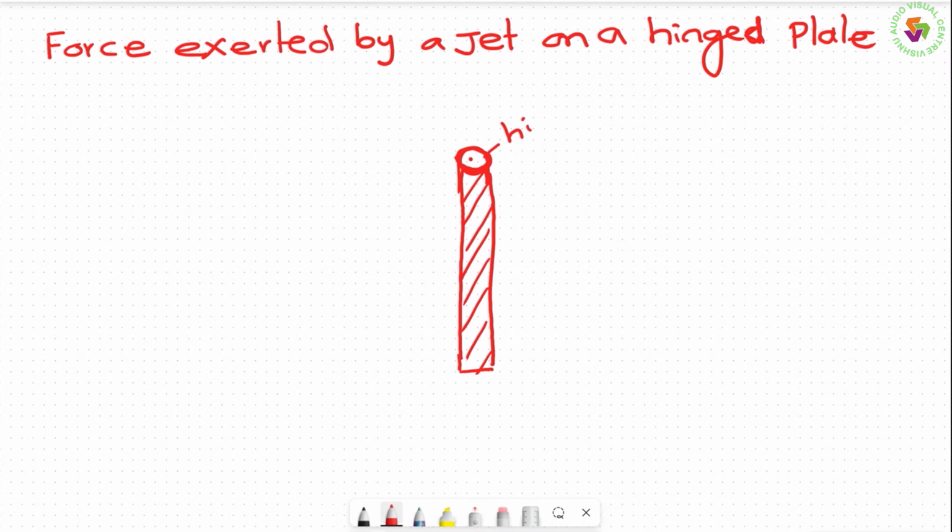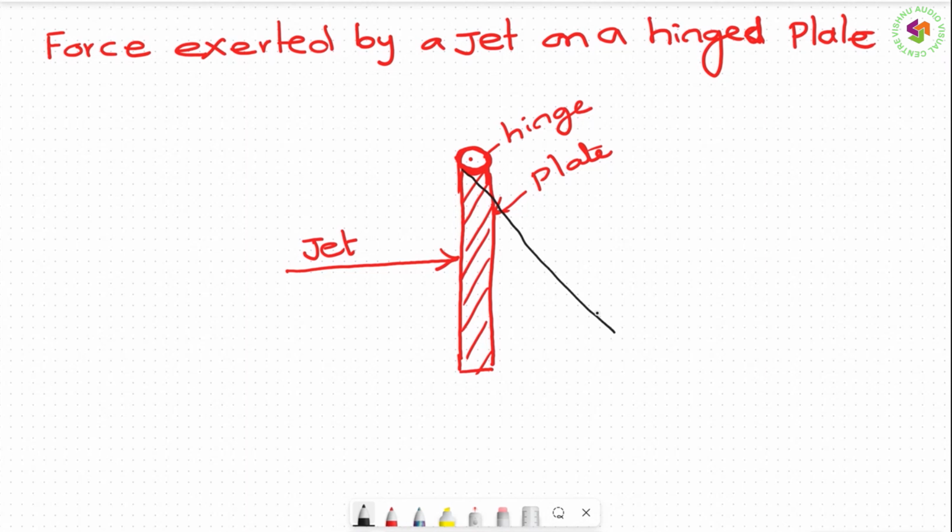This is the hinge portion, and this is the plate. In such a case, if a jet strikes it like this, then the moment the jet strikes the plate, this plate will shift like this. This is how the plate shifts the moment a force is applied.